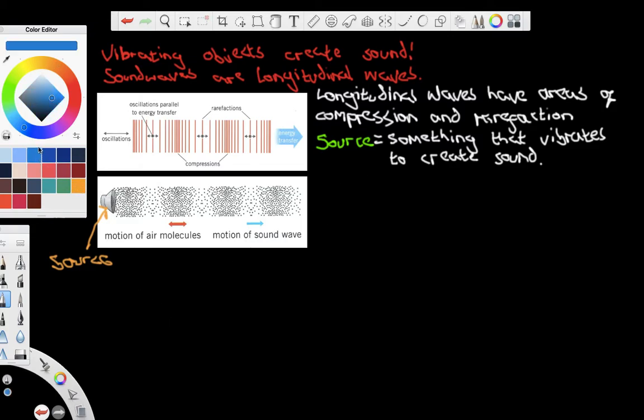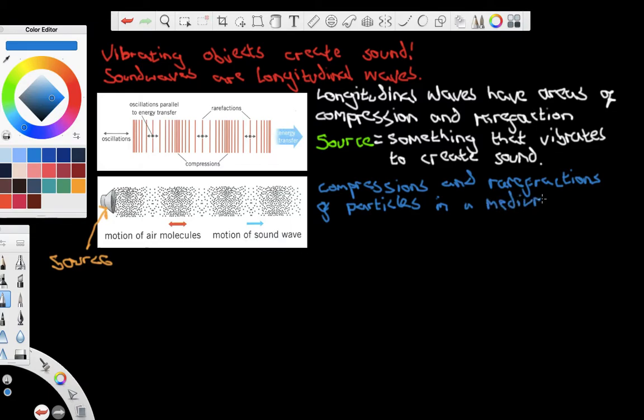So I'm going to write down, in a different colour, compressions and rarefactions of particles in a medium create longitudinal waves we call sound.